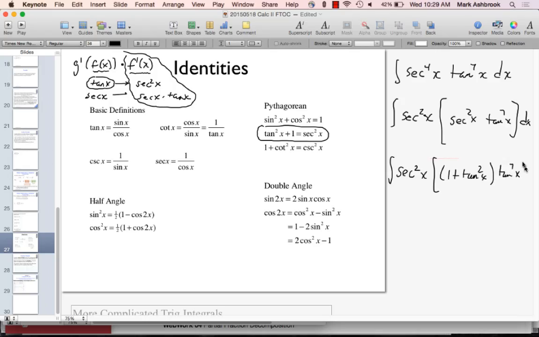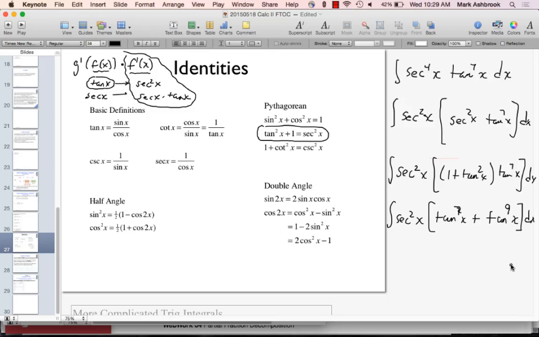So now we're going to distribute inside the big brackets there, holding on to my secant squared. If I distribute, I'll get tangent to the 7th, and plus tangent to the 9th. And do you see that we're home free now? If I now combine the secant squared with each of these, I've got undoing the chain rule on both of them.